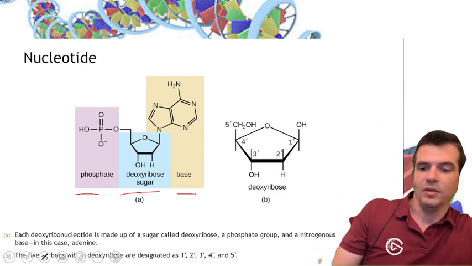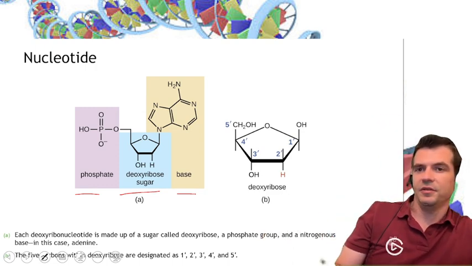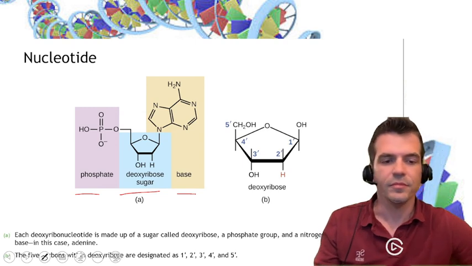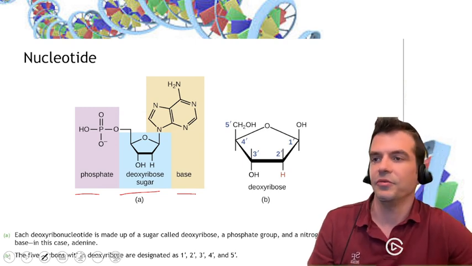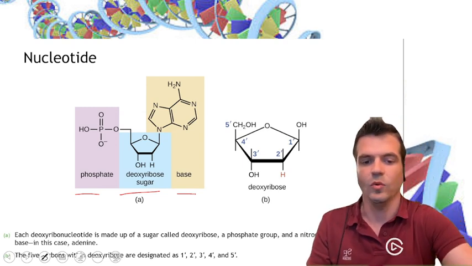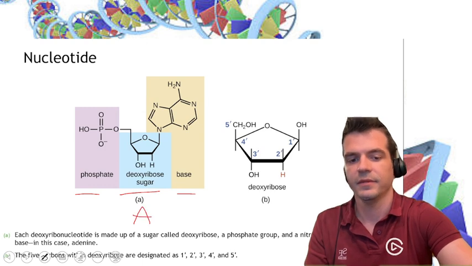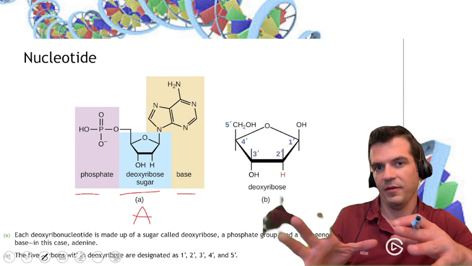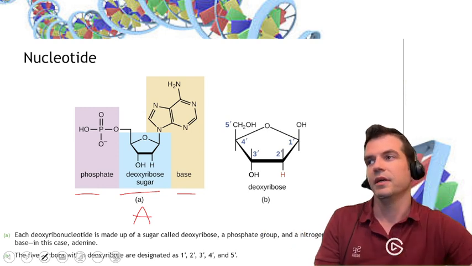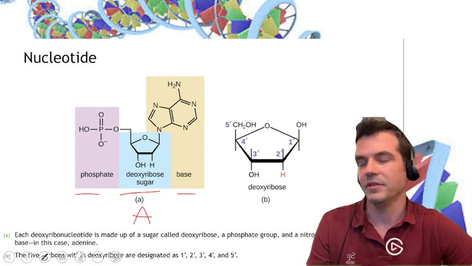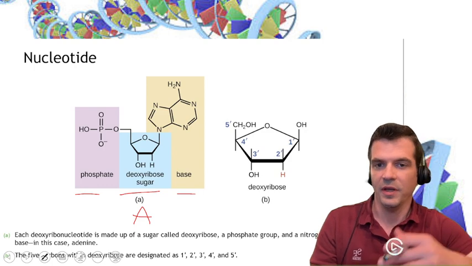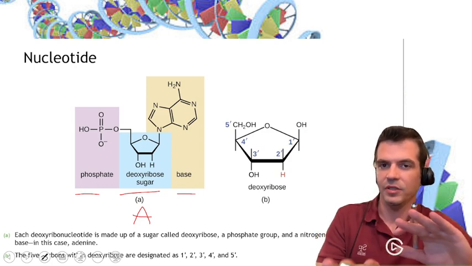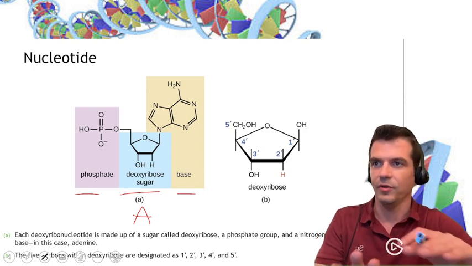You can see the nitrogenous base right there. This nitrogenous base is adenine, or A. And we'll see in the next slide that we have 4 different nitrogenous bases that we can choose from, and how they are arranged is what gives us our genetic code.